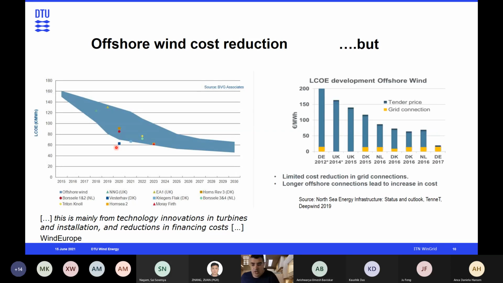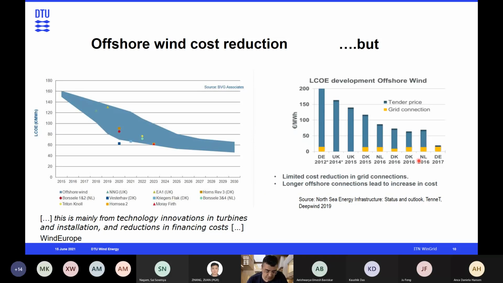So when we look at what we are interested in, the grid connection part, here we can see that the grid connection, which is shown in this graph from TenneT from a couple of years ago with a yellow color, has not decreased, but actually has a tendency to increase in cost.